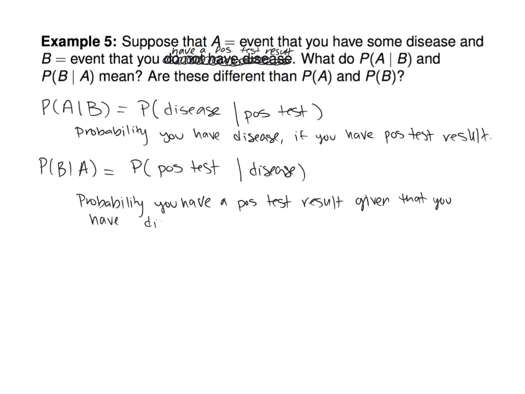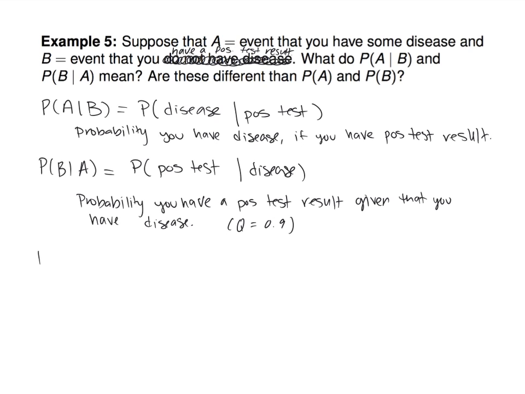And I think we were told that on the first page, weren't we? I think the first page says something like 90% of women who have breast cancer get a positive test result. So like in that question, this thing was equal to 90%. That's what it was equal to, 0.9.